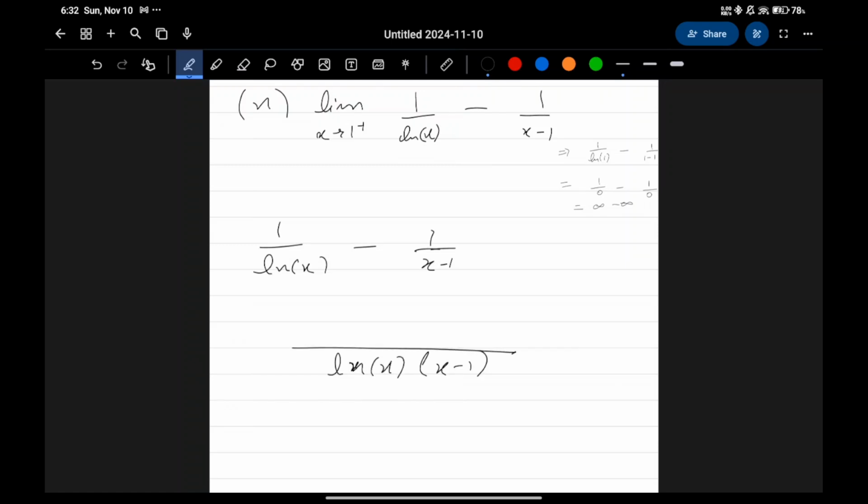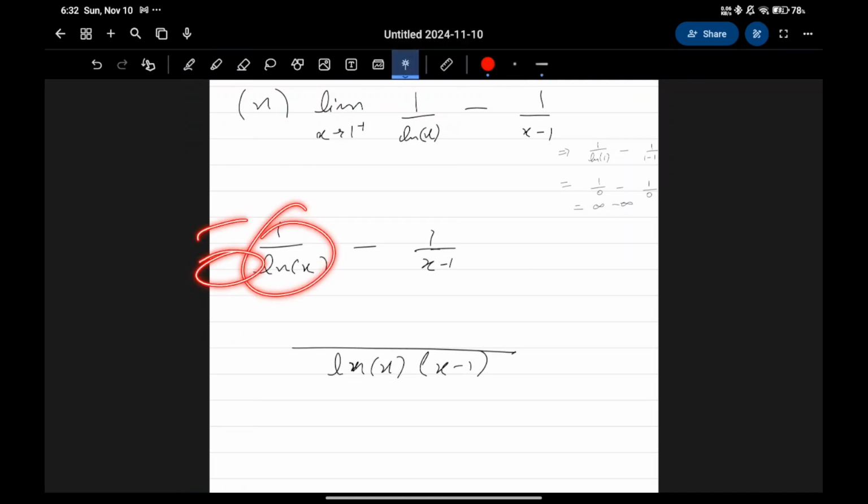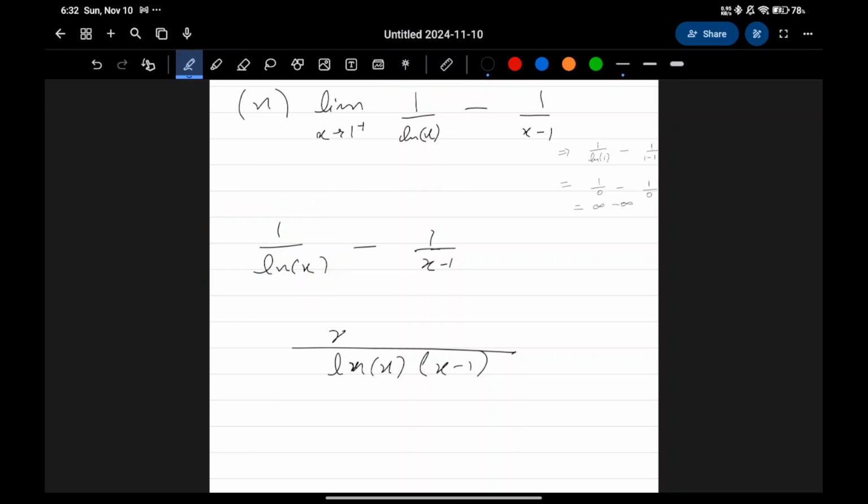So this part is missing x minus 1, and this part is missing log of x. So I would have x minus 1 over here, minus natural log of x. Now let's simplify this further. So this would become x minus 1 minus log of x over log of x.